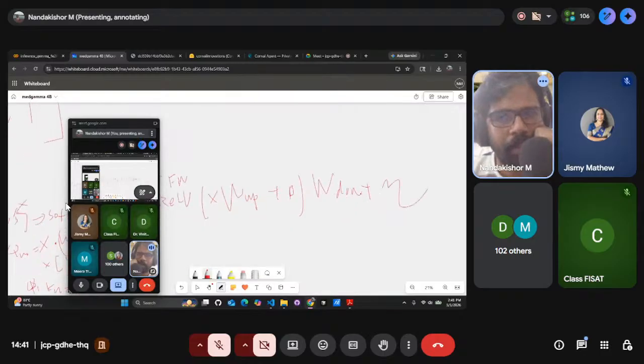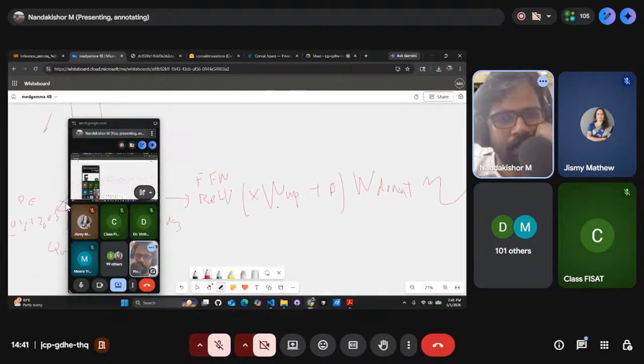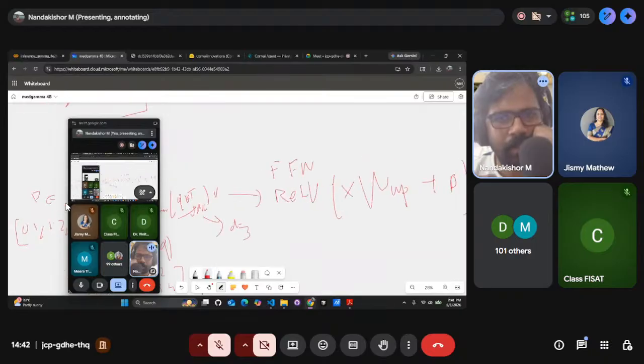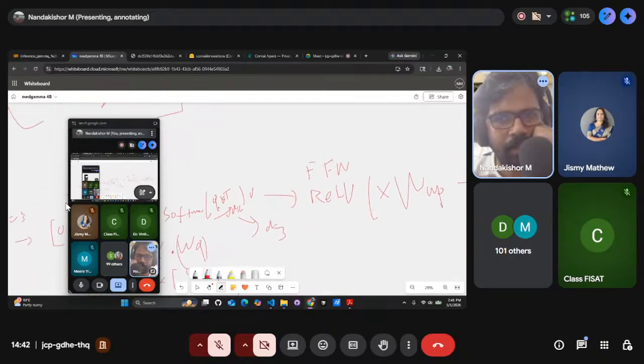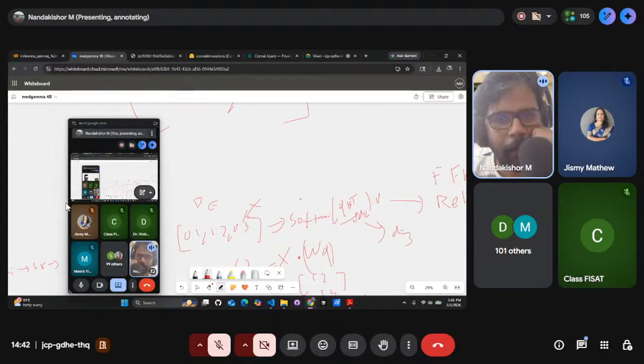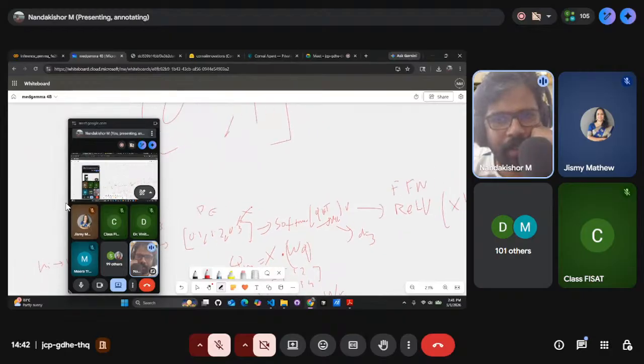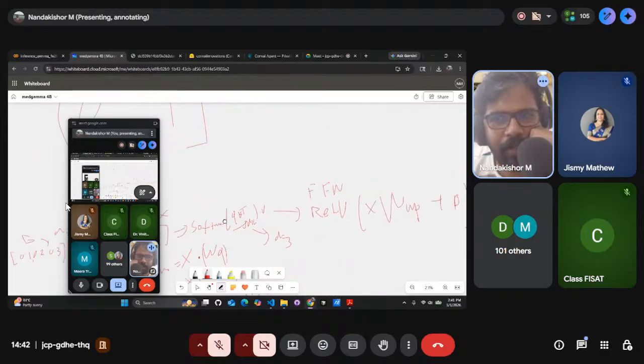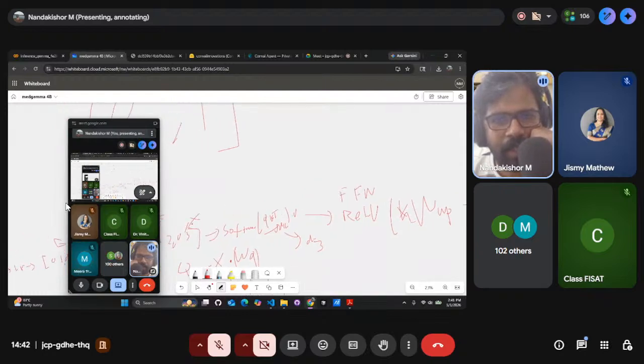What is W up, W down? X comes from here. But there's an interesting X coming into the equation. We don't call it X, we call it H. H is actually X, which is coming in here, plus the self-attention output, the softmax output.